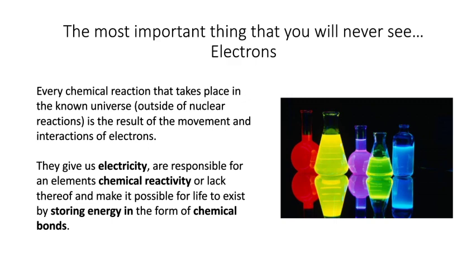They do great things like provide us with electricity, because electricity really, all it is, is a flow of electrons. They're responsible for the element's chemical reactivity, or lack thereof, right? They make it possible for life to exist by storing energy in the form of chemical bonds, right?